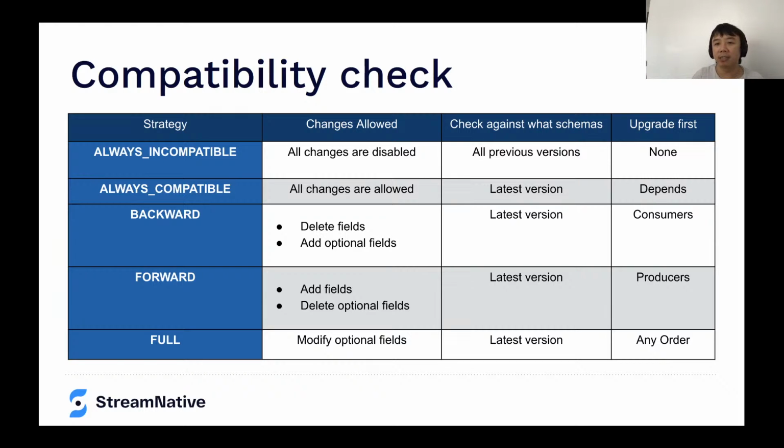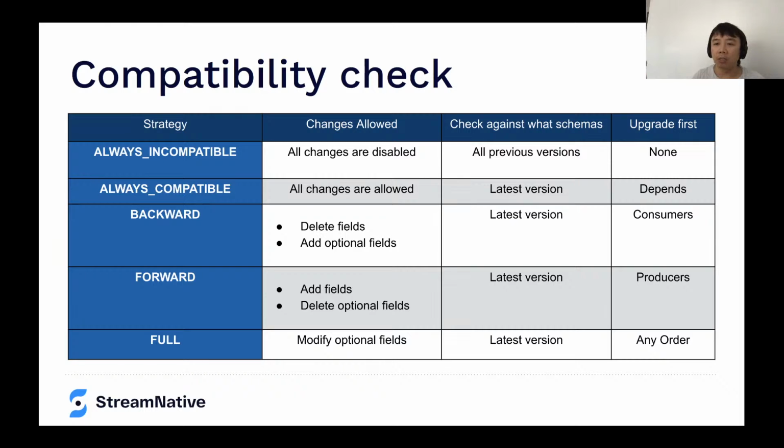I have a slide later to talk a bit about that, so I will skip the second column here. And the last thing is, once you apply a compatibility check for your topics, there's an indication here about who should be upgraded first. For backward, I think it's clear: you can upgrade consumers to the newer schema, because the newer schema is able to deserialize the messages from the old schema.